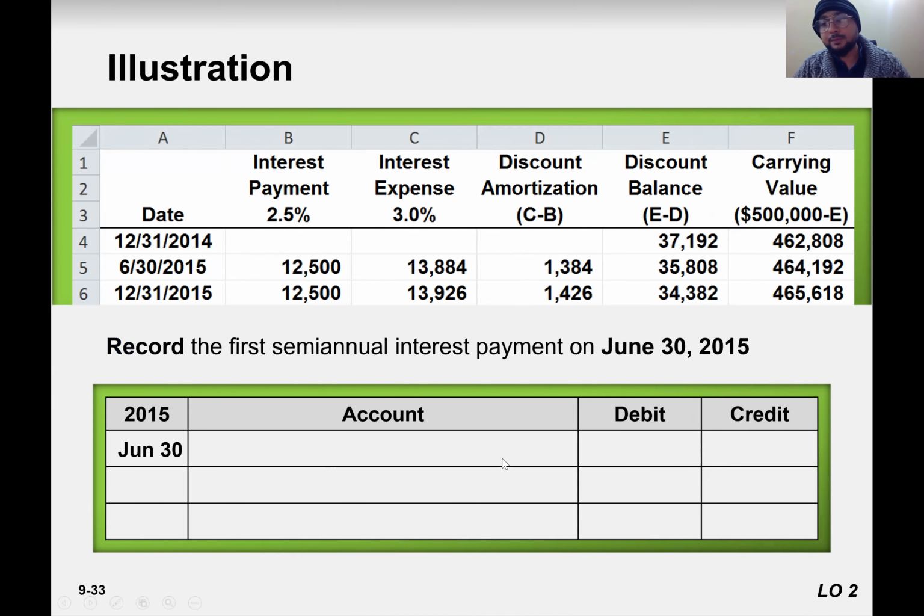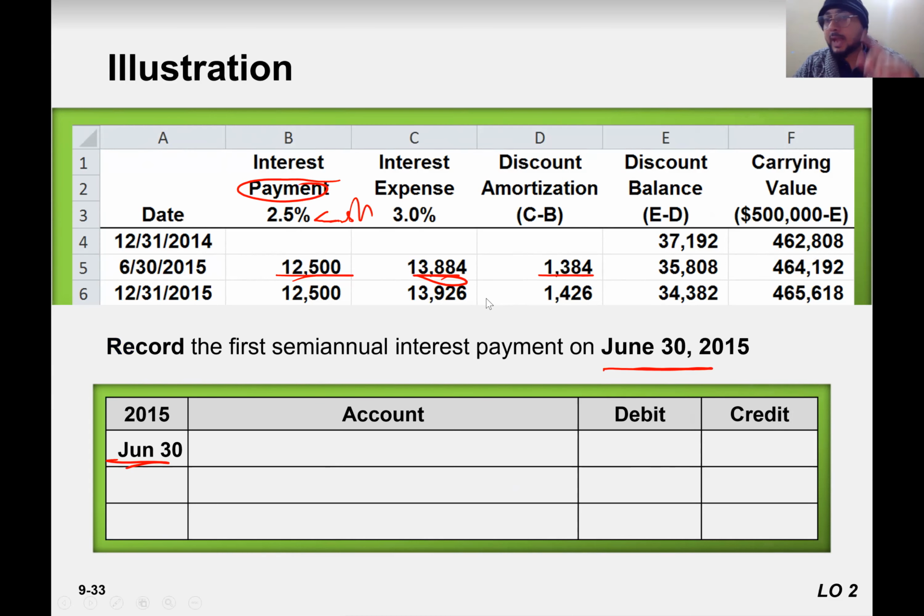And now the first interest payment is going to be on 30th of June, right? So when there is a payment involved, it means the cash is going to be paid, 12,500. Expense is like this, and the difference is your decrease in the value of expense, which is discount.